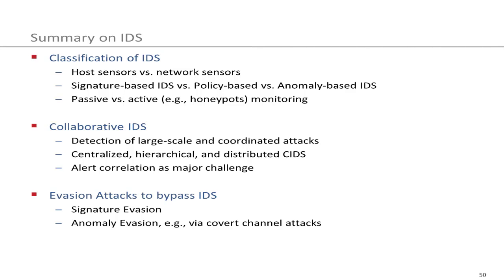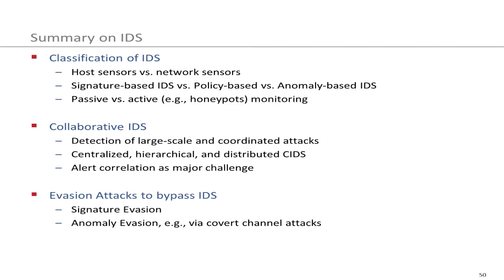We have just seen passive monitoring up until now. There's also collaborative IDS, which is the trend. Here you are focusing on detection of large-scale and coordinated attacks. You can again differentiate between centralized, hierarchical, and distributed. Alert correlation is still a major challenge, and that's also why we're working on that in our group.